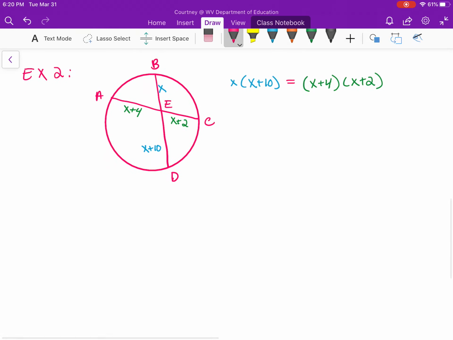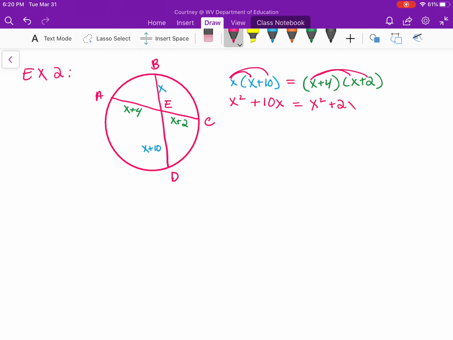This is kind of ironic because in my algebra class right now, I'm teaching distributive property with binomials. So this is exactly what I'm teaching in algebra. Here we use the distributive property to multiply the x to everything inside. So we have x squared plus 10x on the left. On the right, if you know what FOIL is, you can use FOIL or just distribute. The x goes there, which is x squared.